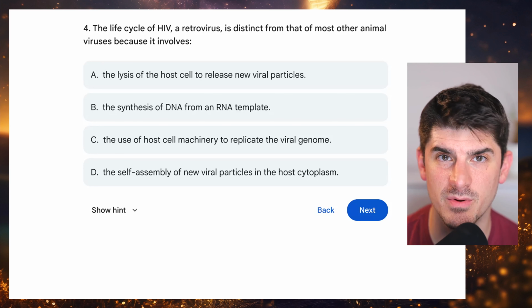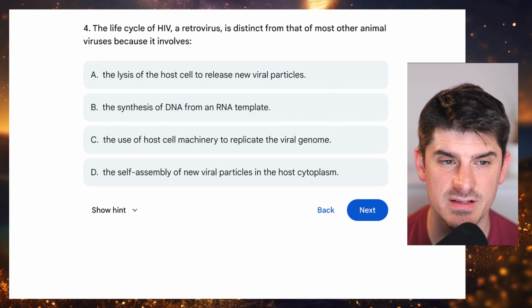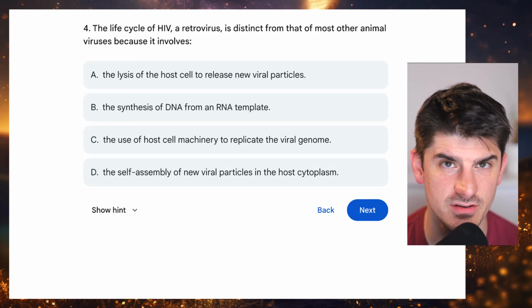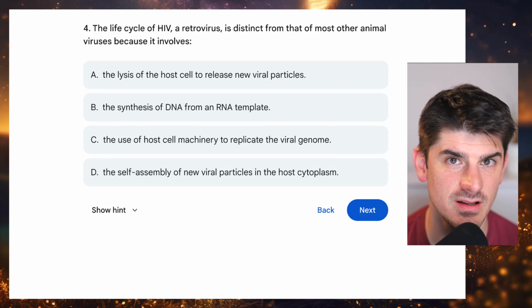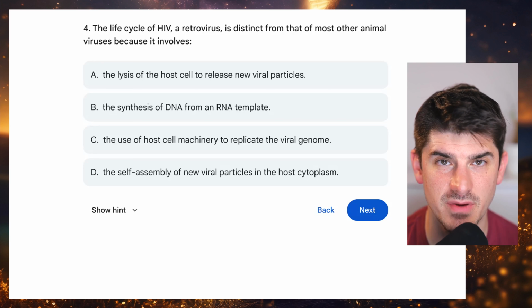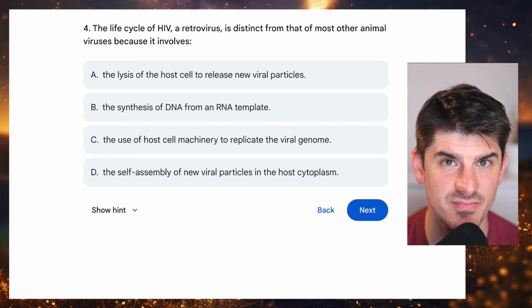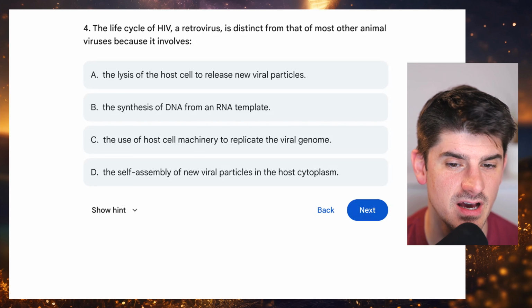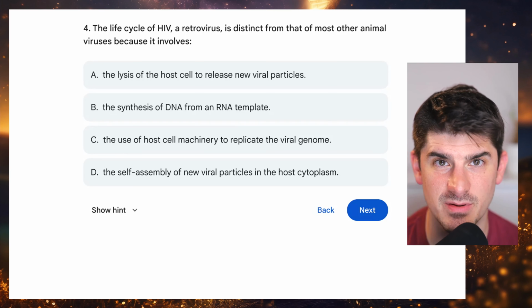Now, you may remember that most organisms that are infected by viruses that are not retroviruses may undergo lysis of their own host cells. Their cellular machinery may be hijacked by the virus, and the virus may undergo self-directed self-assembly of the new virions in the cytoplasm of the host cell.